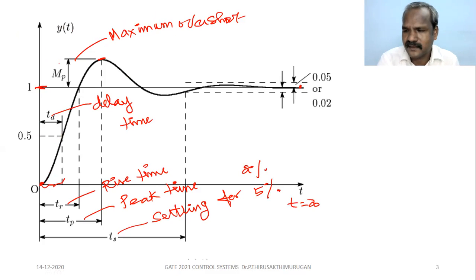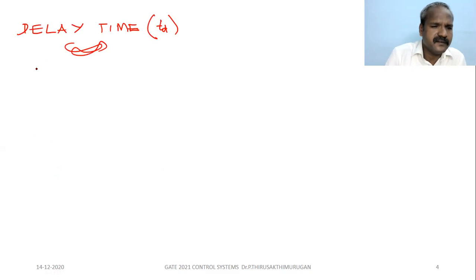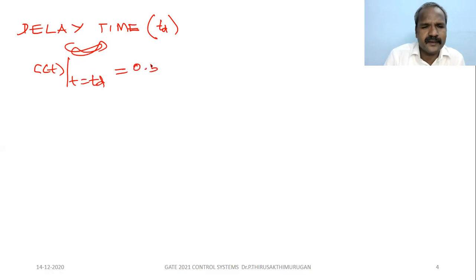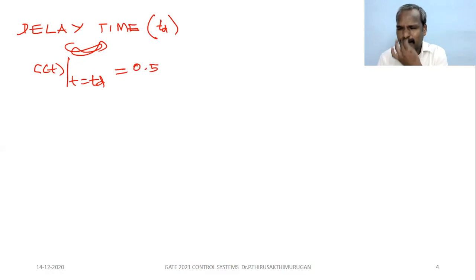So C of t at t equal to TD equals 0.5, 50%, since the steady state value is 1.